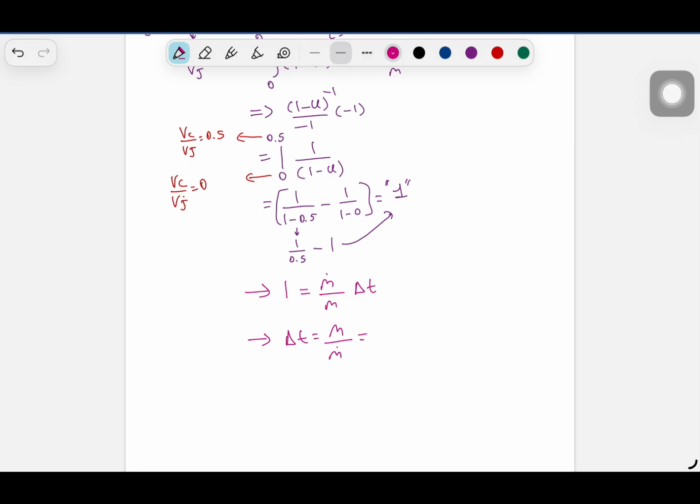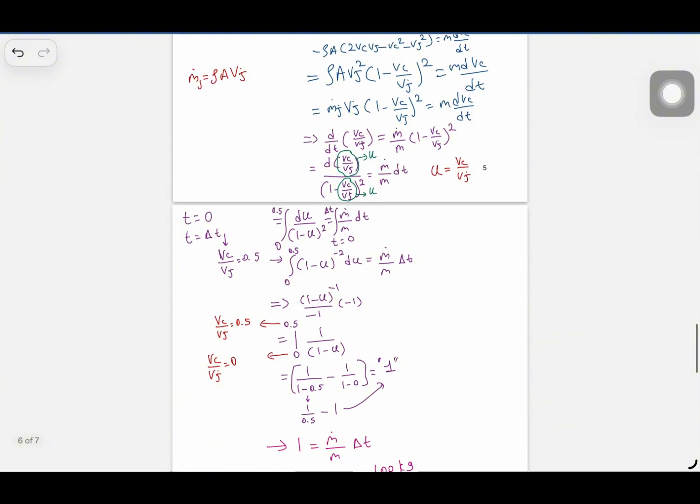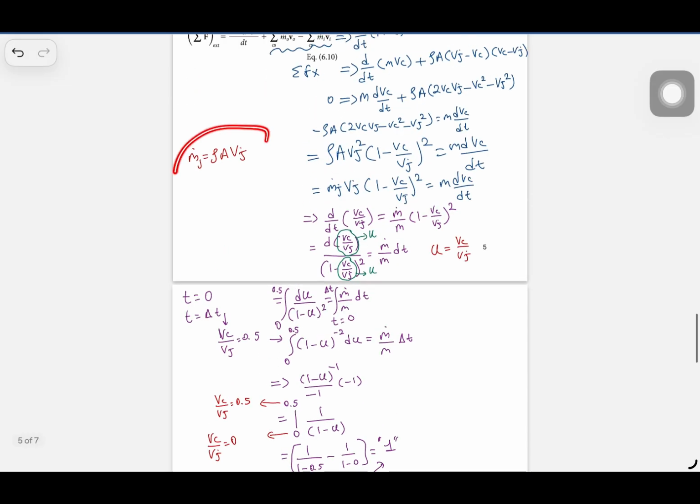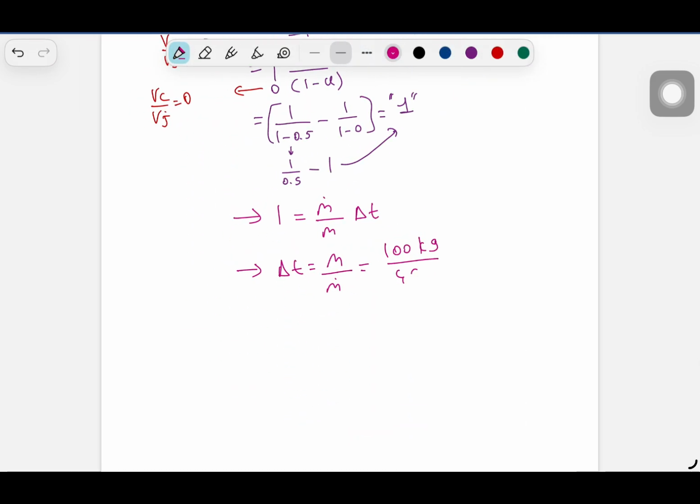The mass of the kite was 100 kilograms. And here the mass flow rate is that of the jet, because in this equation we found that relationship. It was given as 45 kilograms per second. So this makes delta t 2.22 seconds.